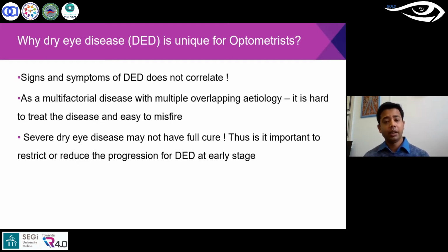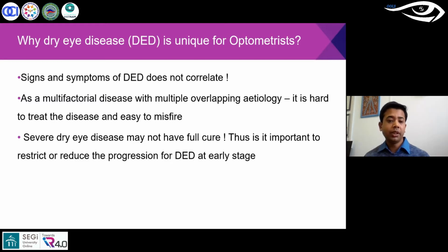You look at the eye, there are almost five or six of the key signs you can see, but the patient is still fine. It's a multifactorial disease, as I said, with a variety of etiologies, and they overlap. Many of them go hand in hand, but not necessarily starting at the same time or having the same severity, and they progress differently.